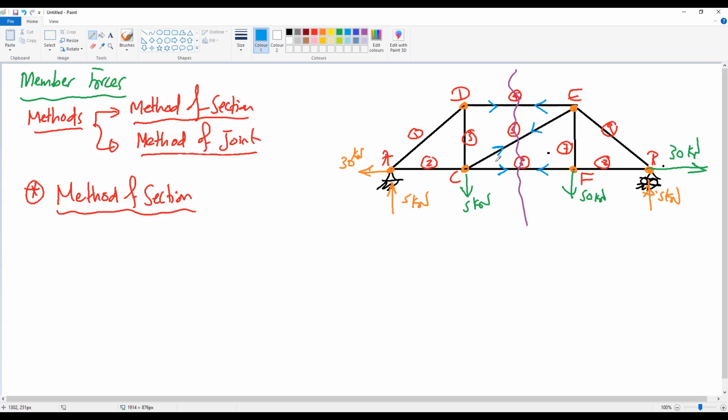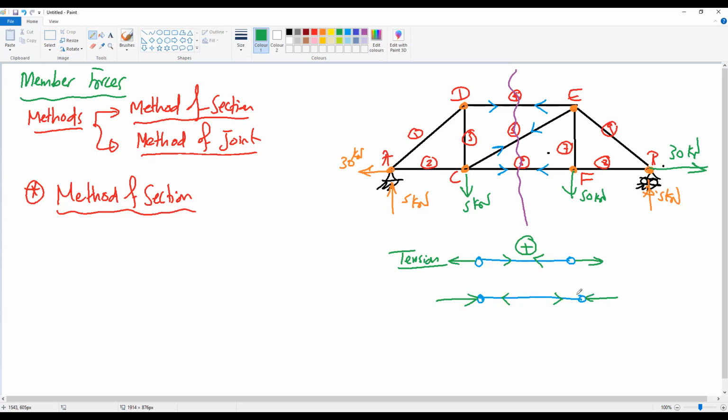Firstly, why do we assume the arrows like that? Again, if we have a link member or a truss member, we have two directions of the forces. If the force is pulling the joint, like the arrows go out of the joint, this means that this member is under tension, and the tension force is positive. So positive means tension. The other direction is if the member is under pushing, so the arrow should be going into the joint, not out of the joint.